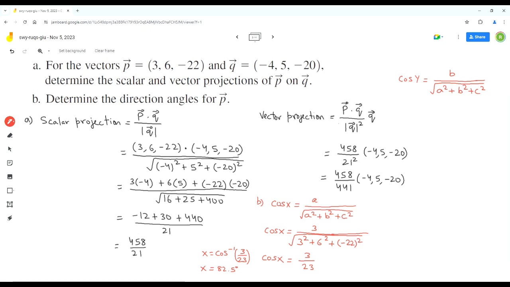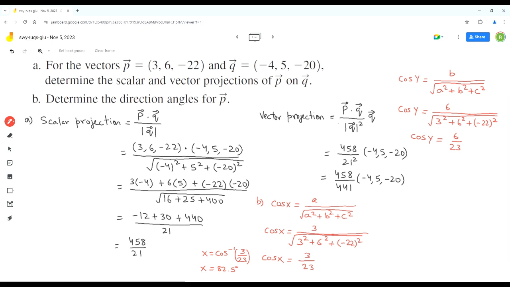So in this formula, y represents the angle vector P makes with y-axis, B is the y component of vector P. So in the denominator, we got 23 for angle x.